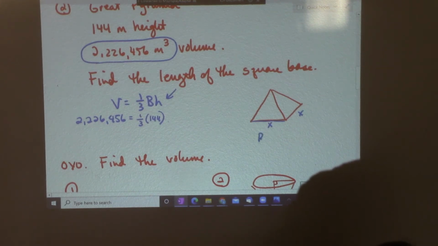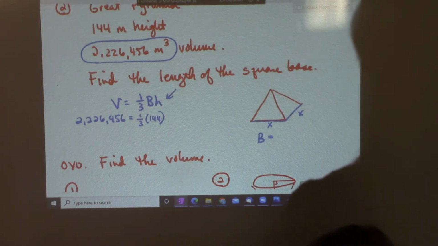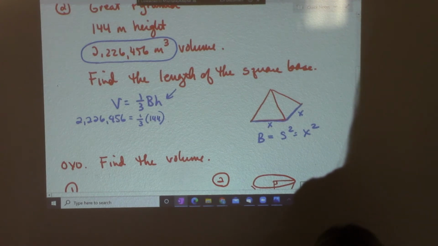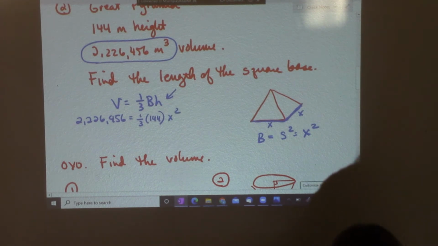Now, how do I find the base area if it's a square base? It would be length times width, or side squared, because they're the same length. So side squared we could represent as x squared, because I don't know it. You can use s if you like. I don't like using s very much because it looks too much like a 5. But you can use x squared because we don't know this side length. So I'm going to put x squared here.